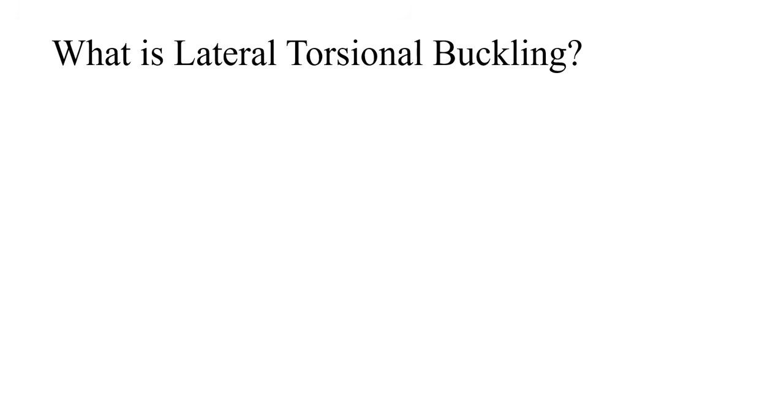So let's start. At the very first, what is lateral torsional buckling? There are actually three terms, right? Lateral torsional buckling. Okay, so from this name, it is very clear that there is something going to happen, twist, right? From this name, it is clear.